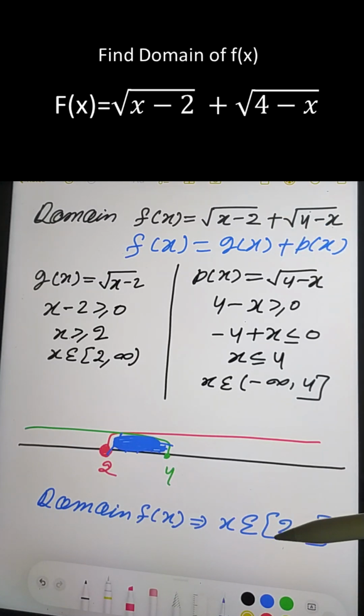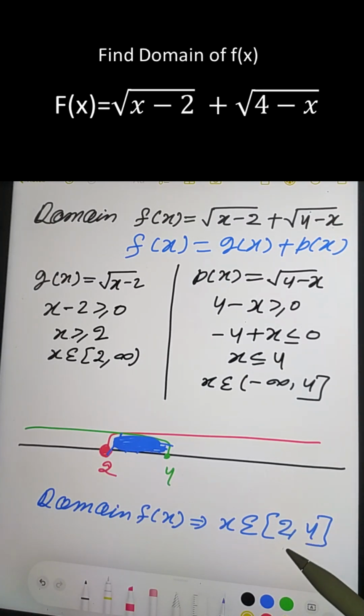If you put 3, then 3 minus 2 is 1, which is defined. And 4 minus 3 is the square root of 1, which is also defined. So you can say that it is a defined function from 2 to 4, a closed interval. Clear or not?